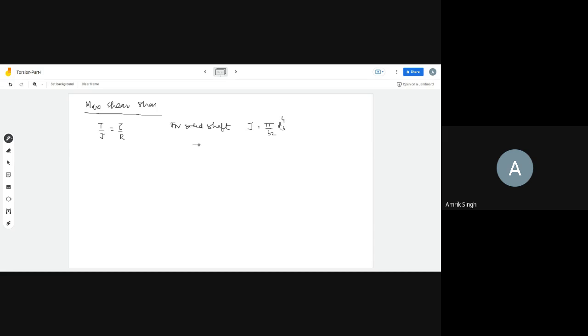So the torque transmitted by this solid shaft will be equal to pi upon 32 into ds to the power 4 multiplied by the shear stress tau, divided by R, which because the shaft is solid is ds by 2.